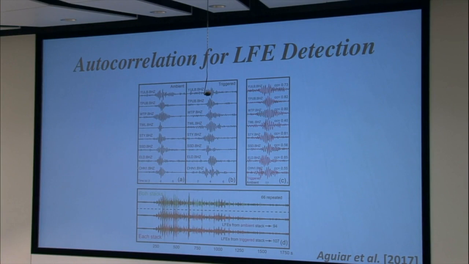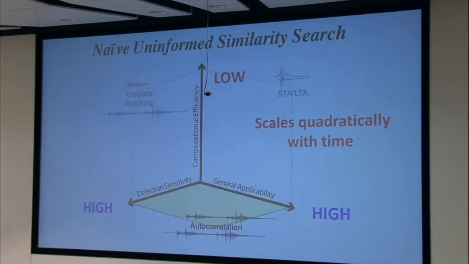The problem with it, as you could probably anticipate, is it has very poor scaling properties. It scales quadratically with time, the number of windows that have to be compared if you're comparing exhaustively all windows with all other windows. So it's sensitive, it's general, but it's computationally infeasible.